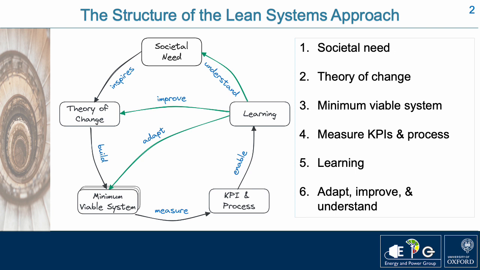An important principle that is crucial to understand is that this iterative process explicitly involves refining the 3 core elements of societal need, theory of change, and minimum viable system with each iteration. This means that in the first iteration, these elements do not need to be perfect, they simply need to be sufficient to kickstart the learning process.